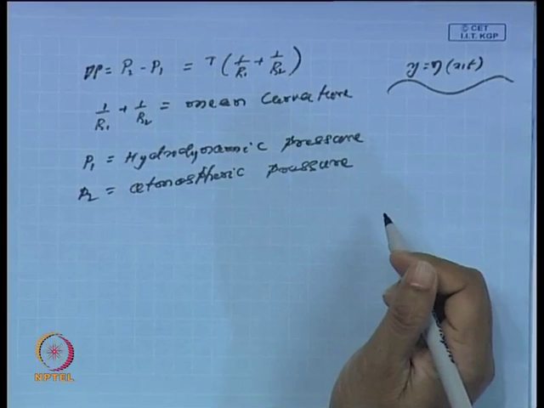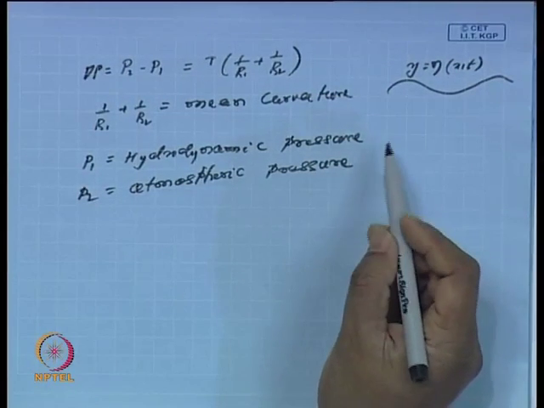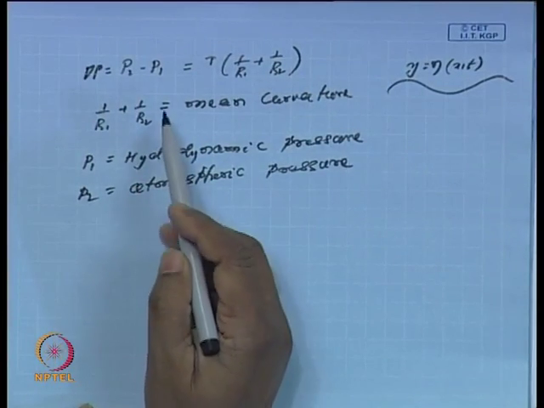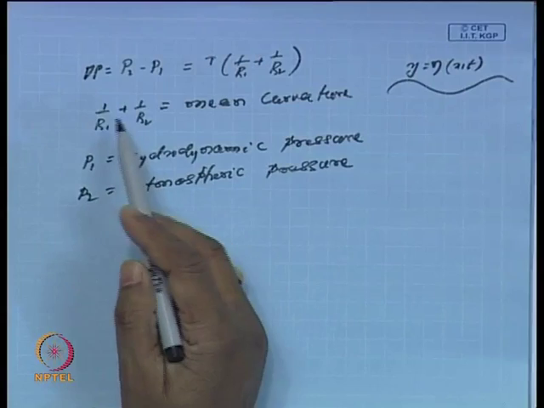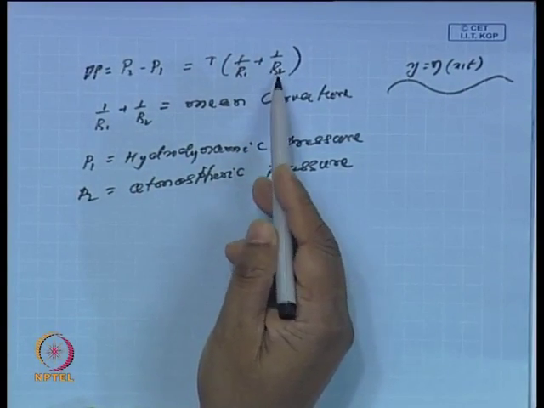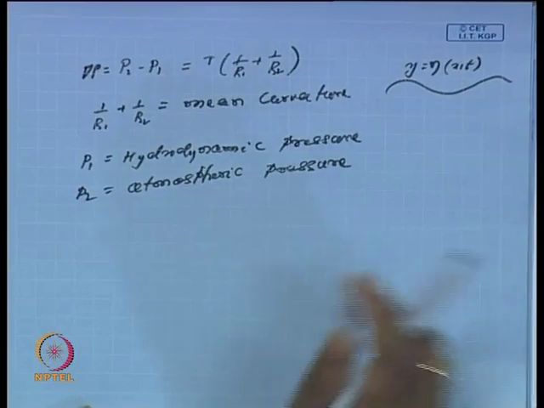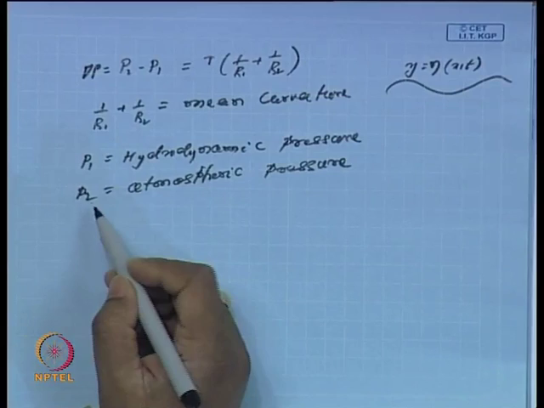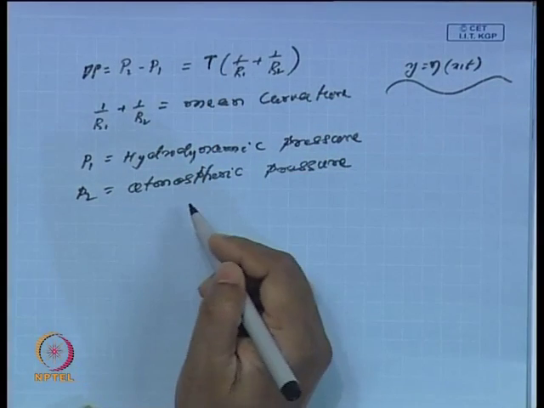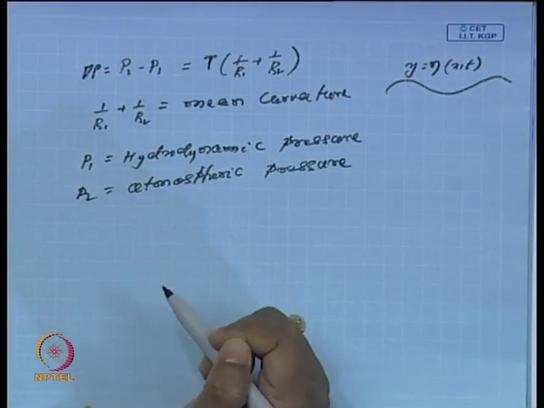We have seen that when P1 is equal to P2, the hydrodynamic pressure is the same as the atmospheric pressure. On the other hand, if they are not the same, as in the case of capillary rise, grad P varies as 1/R1 plus 1/R2, where T is the surface tension force, the coefficient of surface tension.